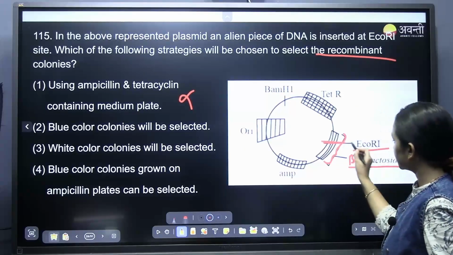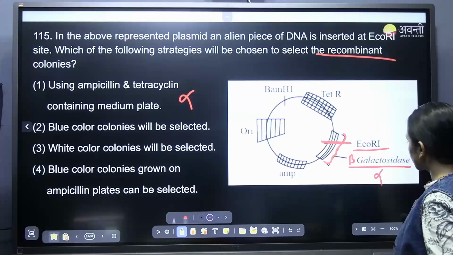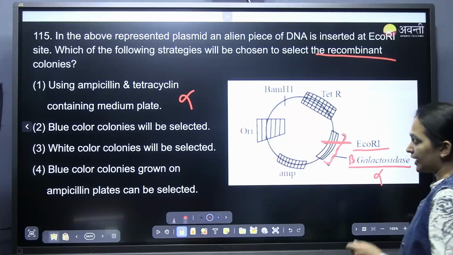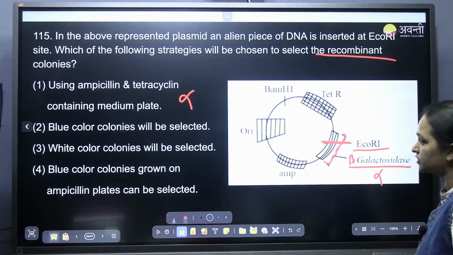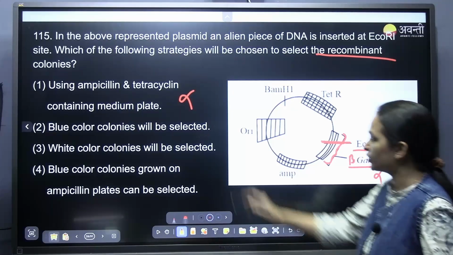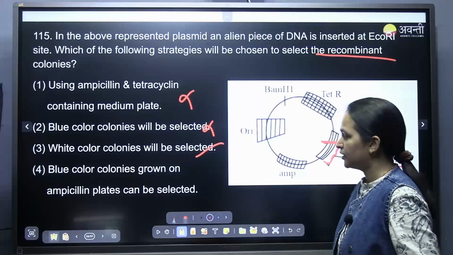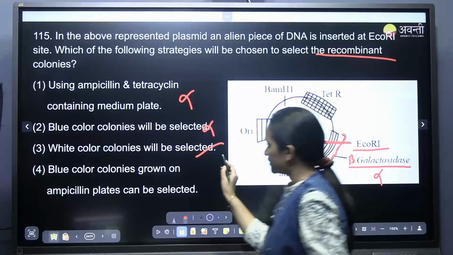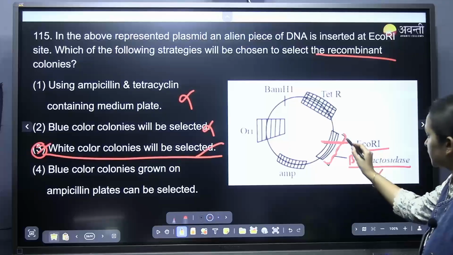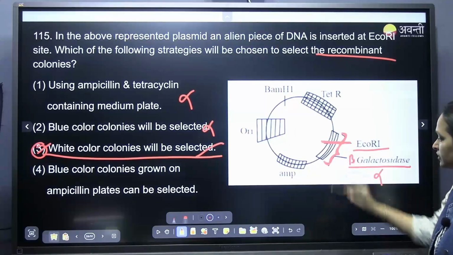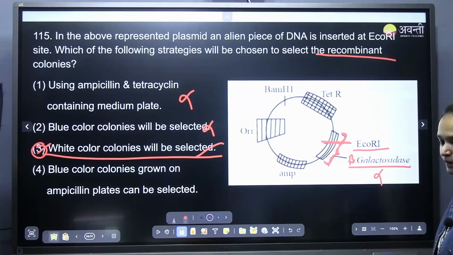No, if we insert at this particular site, it loses the beta galactosidase enzyme protein synthesis. So blue colonies will not be selected because those are the non-recombinants. White colonies will be selected. White colonies are selected because they lose the production of beta galactosidase enzyme.